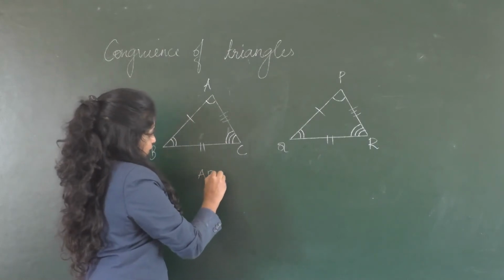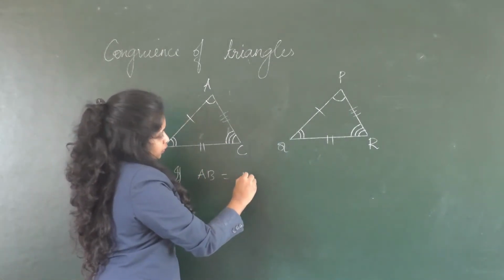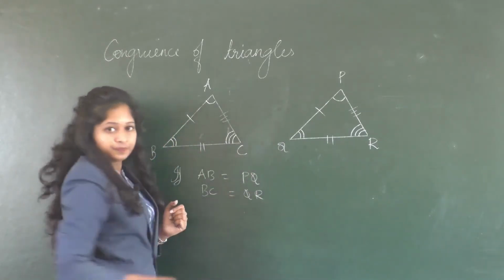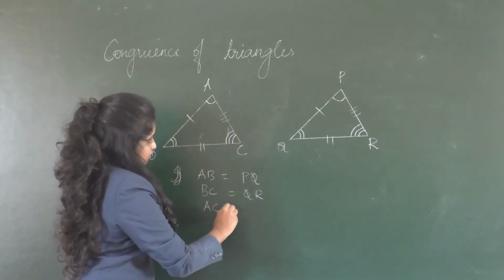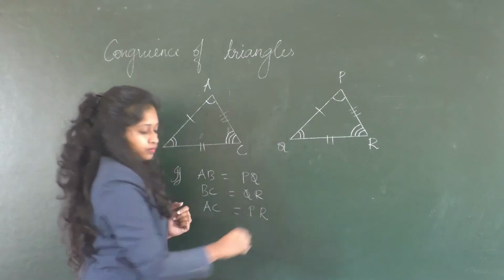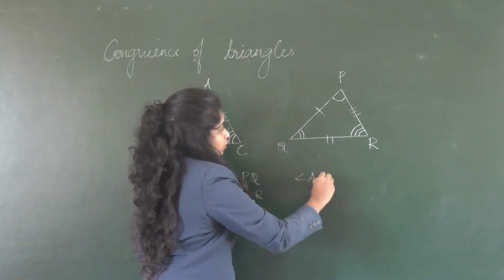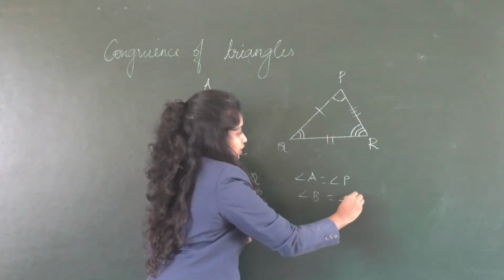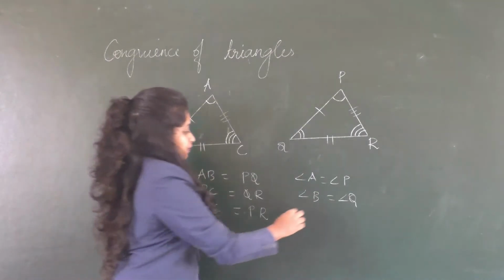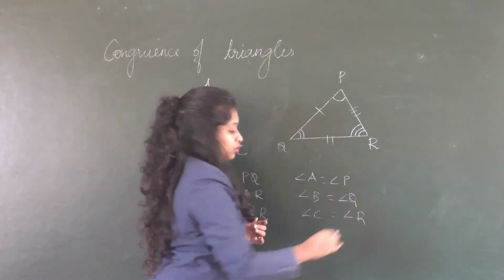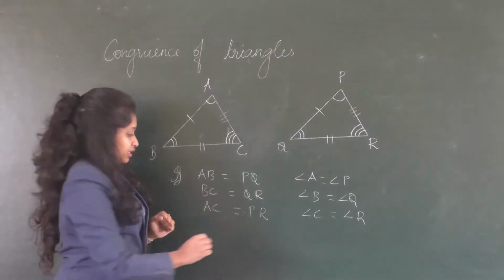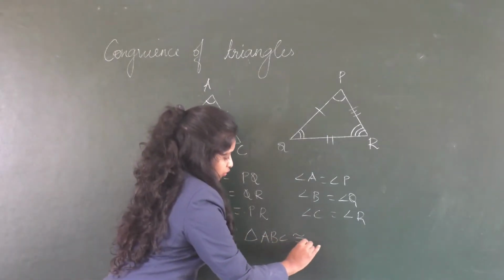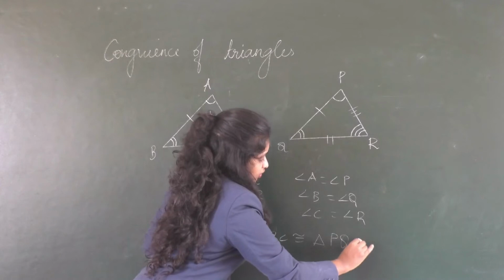If AB equal to PQ, if BC equal to QR and if AC is equal to PR and angle A equal to angle P, angle B equal to angle Q and angle C equal to angle R. If all these conditions come true, then we can tell that triangle ABC is congruent to triangle PQR.